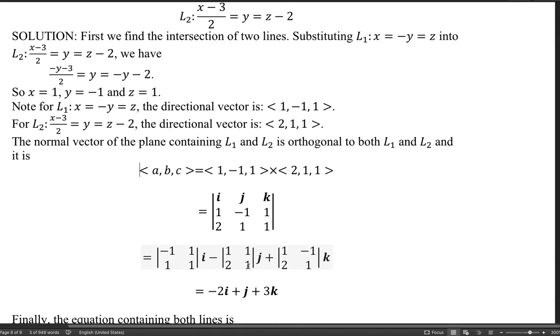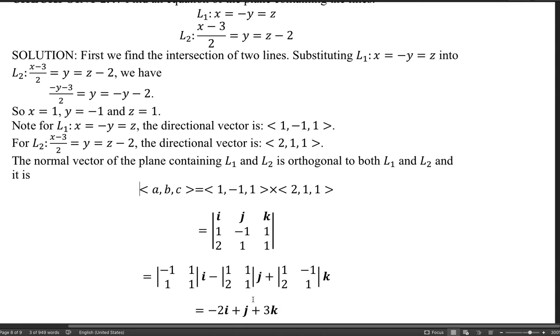The determinant is -1, but combined with the minus sign in front, it turns out to be +1, plus j. And for the k component, we have 1 minus -2, 1 plus 2, that's 3k. So the normal vector A, B, C is -2, 1, and 3.